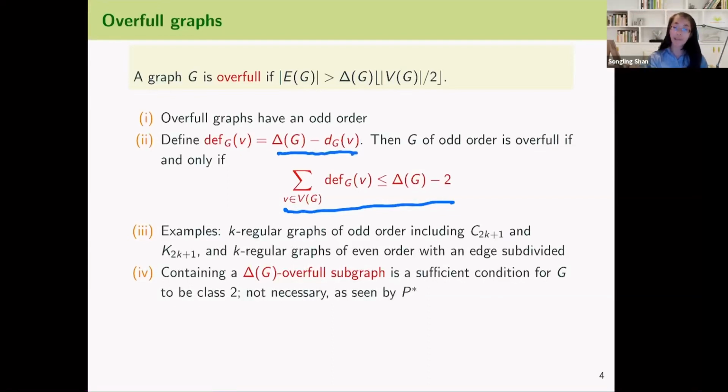Some examples of overfull graphs, as we mentioned before: all odd cycles are overfull, right? And also all regular graphs of odd order are overfull. And if we have a regular graph of even order and we subdivide 1 edge just 1 time, then that graph is also overfull.